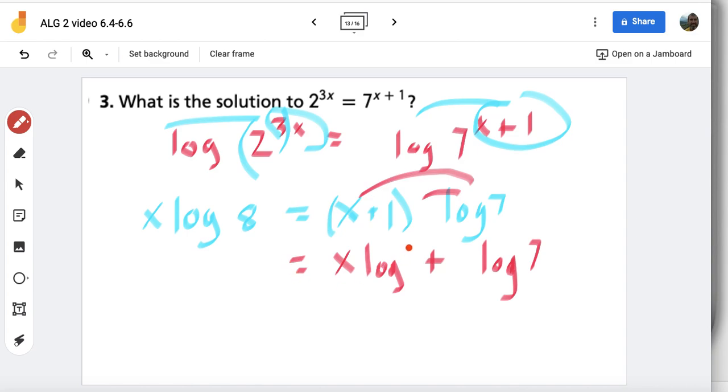Oops, I didn't write the 7. We need to get the x's together. So I already have x over here. I'm going to bring this x over to here by subtracting. So I'm going to have x log 8 minus x log 7. Got to get the x's to the same side, then we can isolate the x.